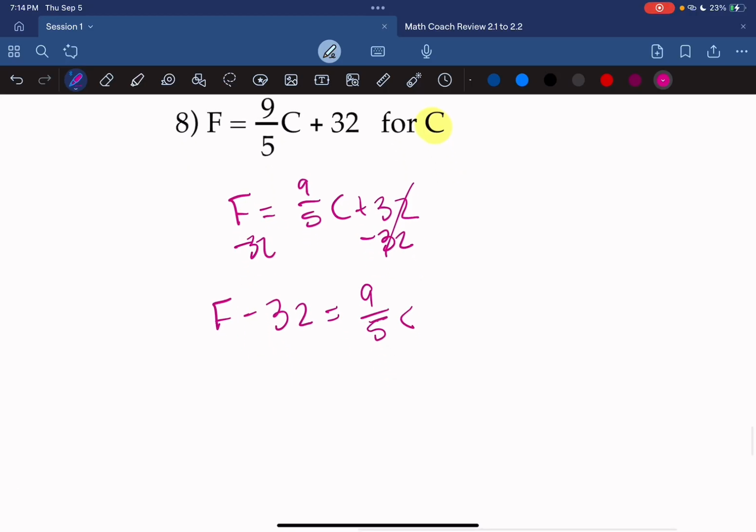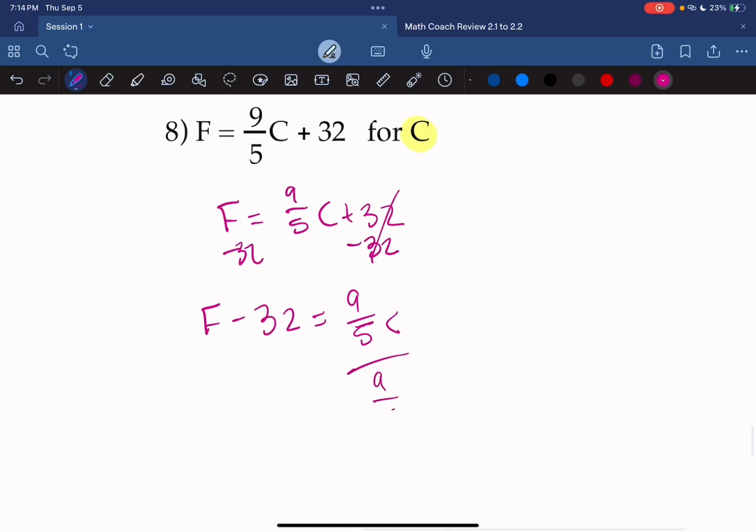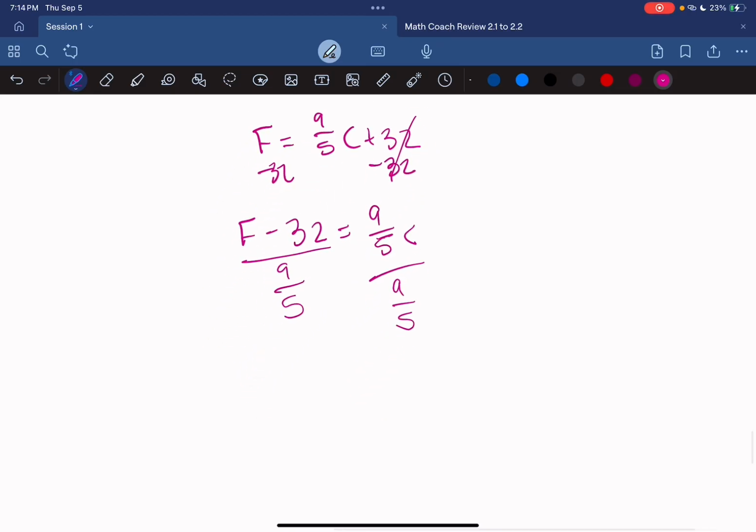This is being multiplied. So why don't we divide it? And in order to divide it, I don't know if you remember, but you're going to have to use keep, change, flip. So 9/5, keep, change, flip. In this case, the F minus 32 stays the same.